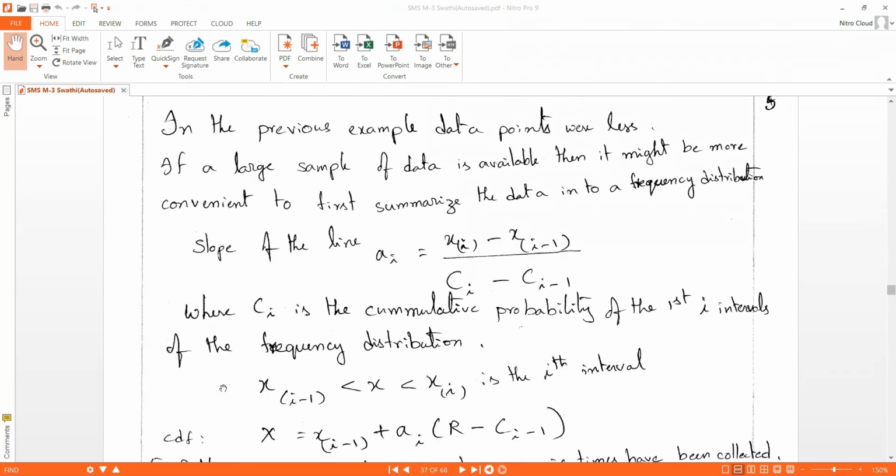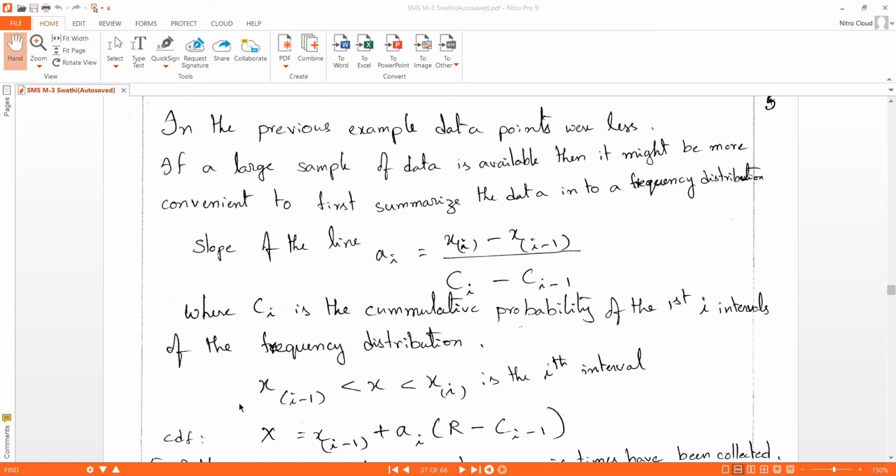Now we'll see, in the previous example the data points were few. If a large sample of data is available, how do we generate the random variate? If a large sample of data is available, then it might be more convenient to first summarize the data in a frequency distribution.